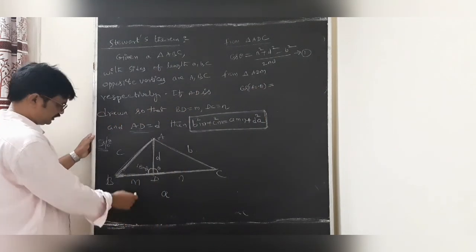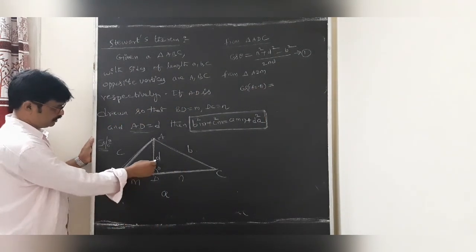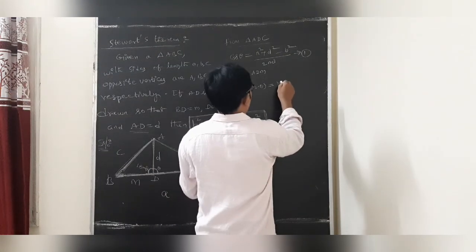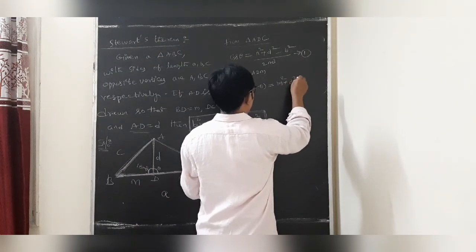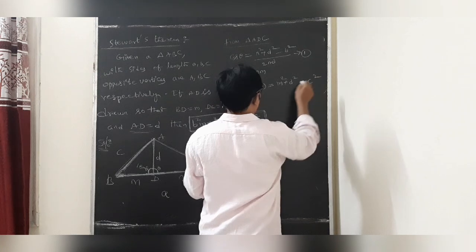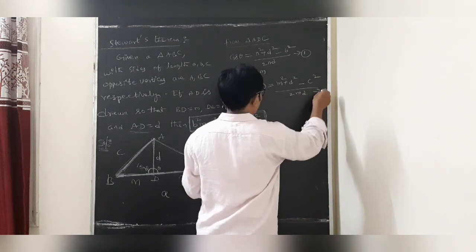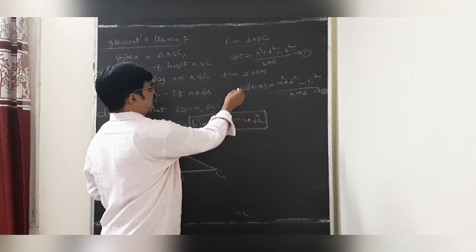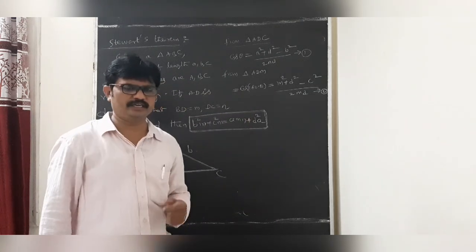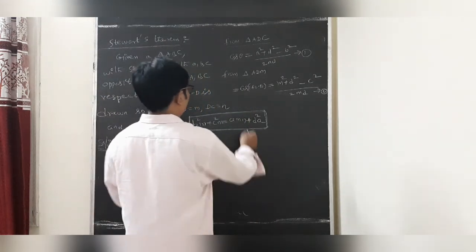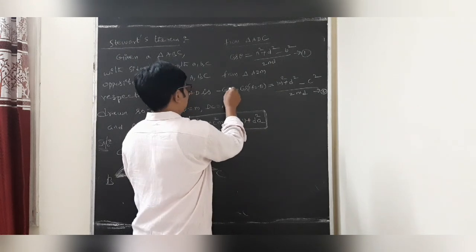What are the adjacent sides? m square plus d square minus c square by 2md. That is equation 2. We also know that cos of 180 minus theta lies in the second quadrant, so that is minus of cos theta.